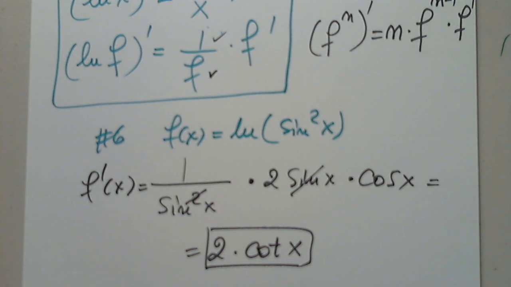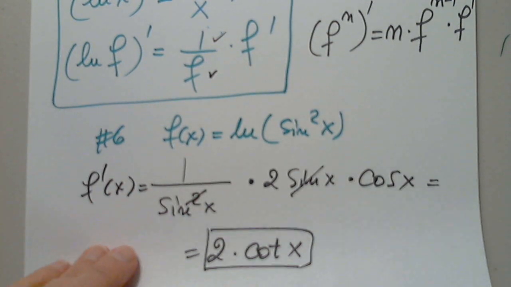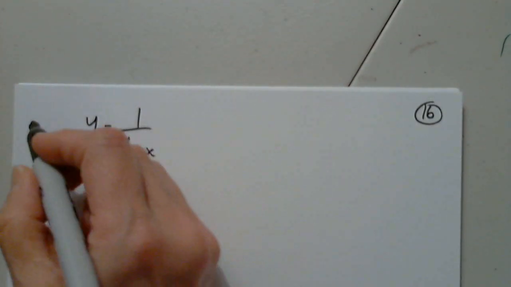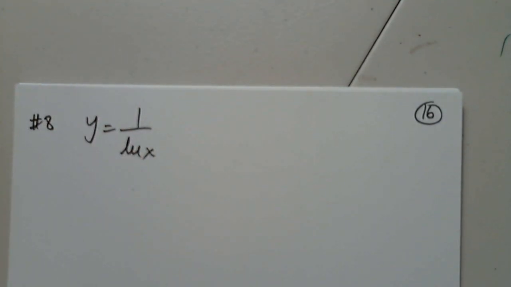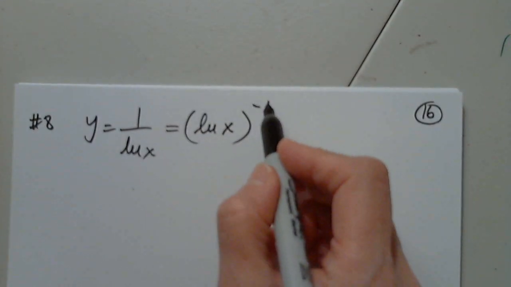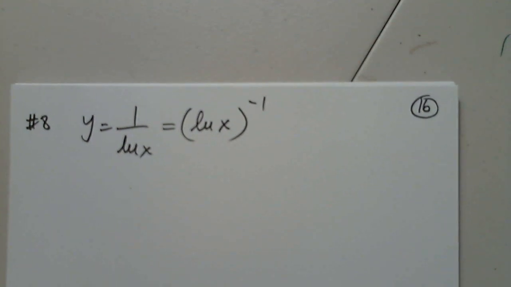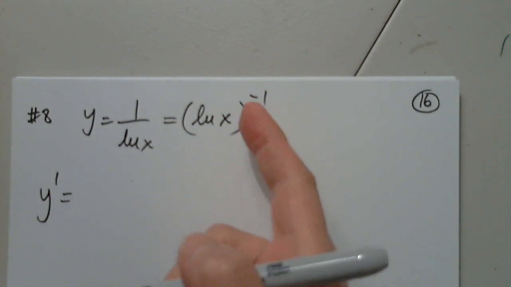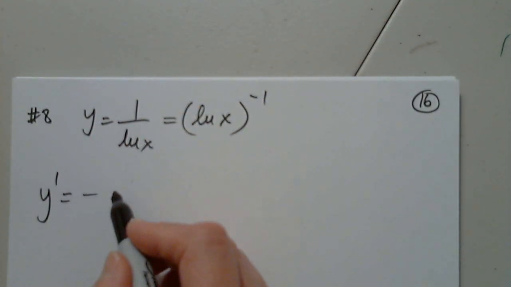8. Good. So we have y equals 1 over natural log x. So this is number 8. This clearly requires this for simplicity. Definitely. And now when I differentiate, I bring down the power.